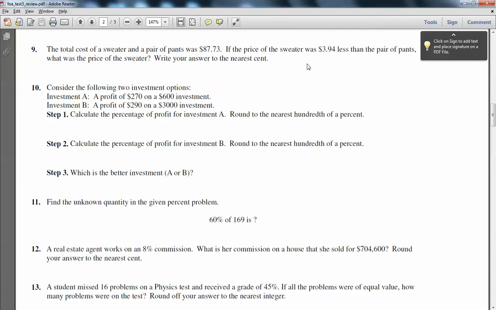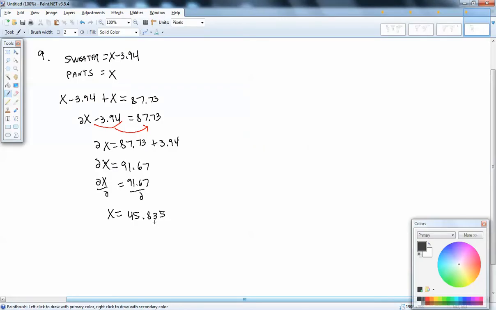Okay, and they say write your answer to the nearest cent. So this is our cents place, 83 cents. I'm going to look at the digit to the right, which is 5 or greater, which is going to give us 45.84.